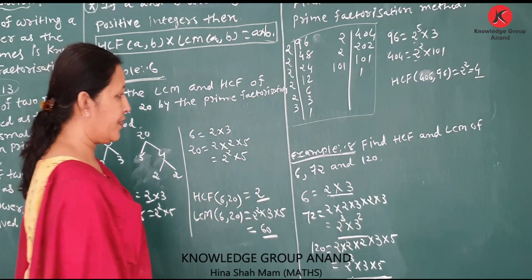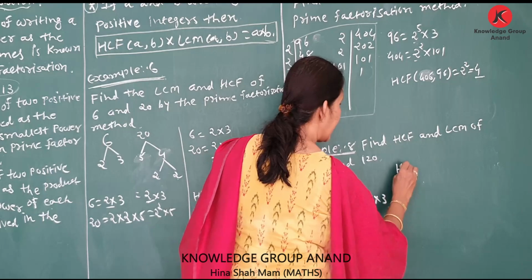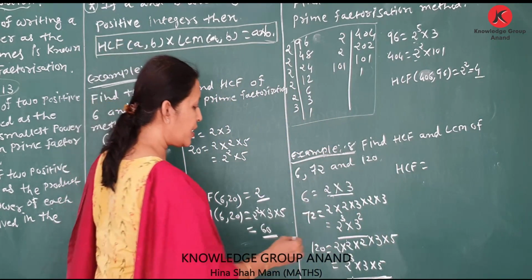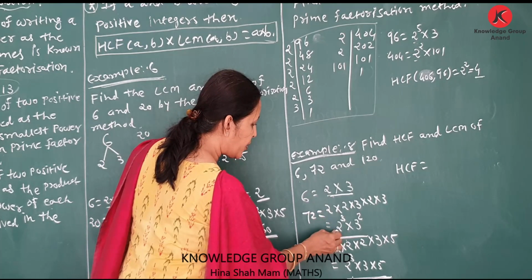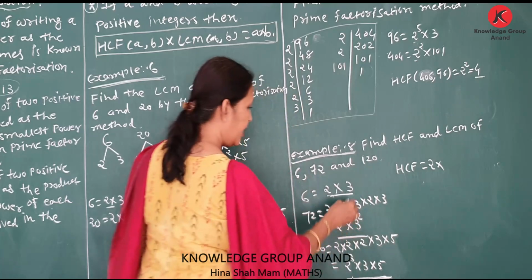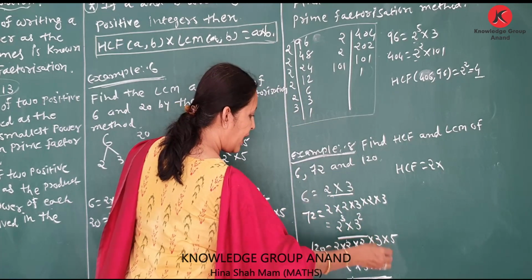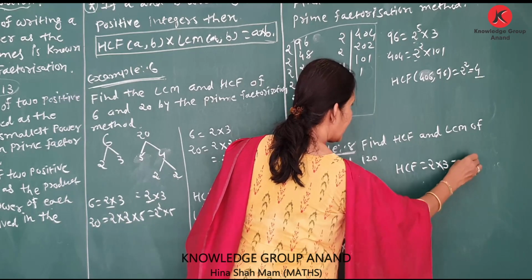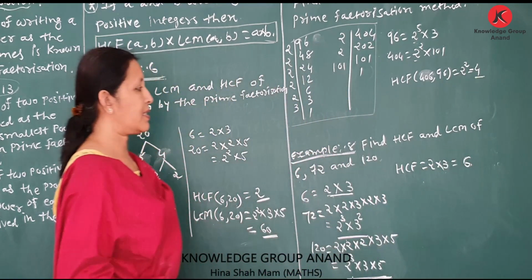Find HCF. Here I find HCF using the smallest power. Which is the smallest power? 2 cube and 2 cube, then we write 2. 3 square, 3, then we write 3. HCF is equal to 6.